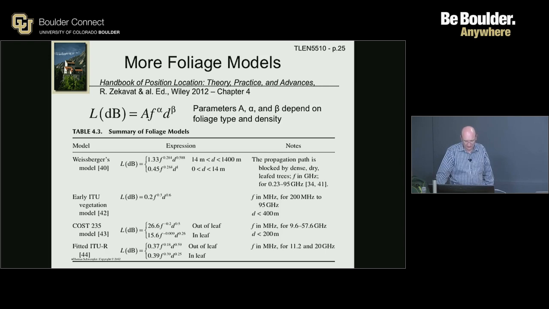A lot of those exponents are around 0.5, even less. So, very different models, but this one I thought was a very interesting comparison. Things are not always easy in a forest. Things vary with the frequency and with the distance in the forest, but not necessarily linearly.